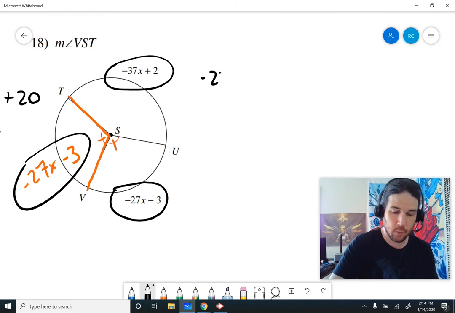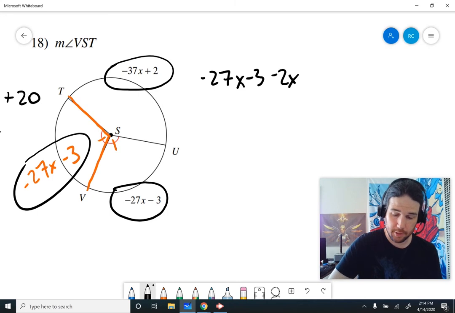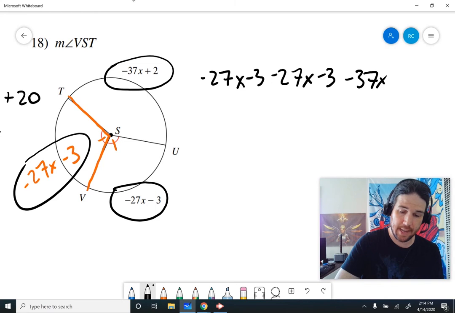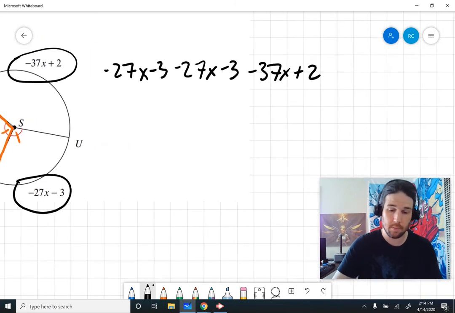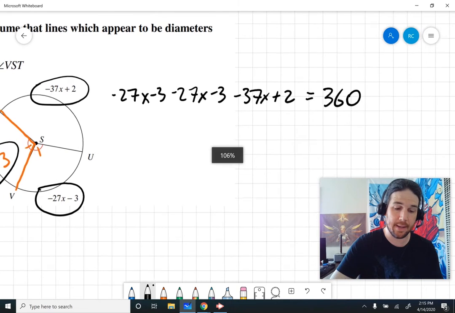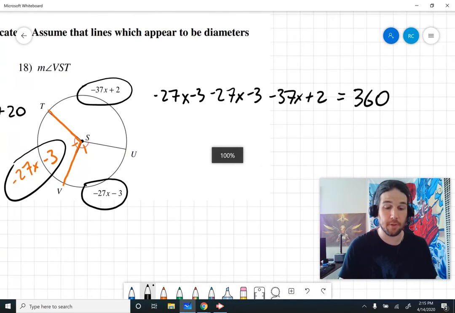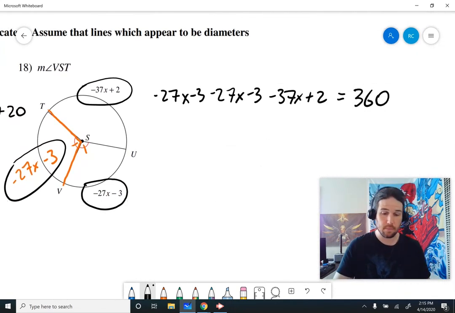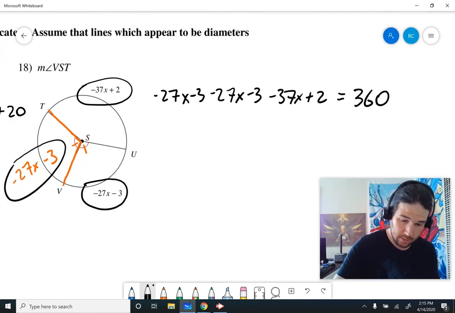So we get negative 27x minus 3 minus 27x minus 3 minus 37x plus 2, all equals 360. Again, I just took all three of those expressions and lined them up.